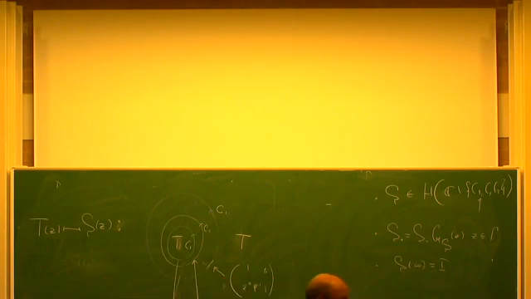Now this is where we begin to see that we succeeded in transforming our oscillatory behavior to exponentially decaying. So this matrix is exponentially close to identity, and this matrix is exponentially close to identity.